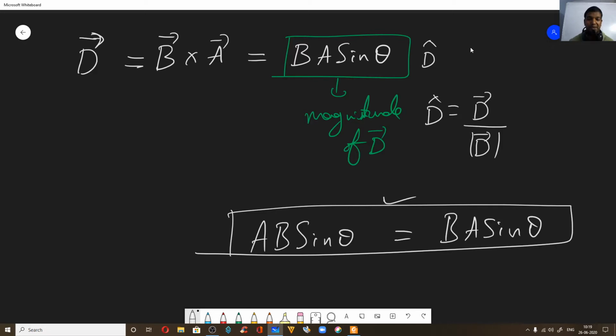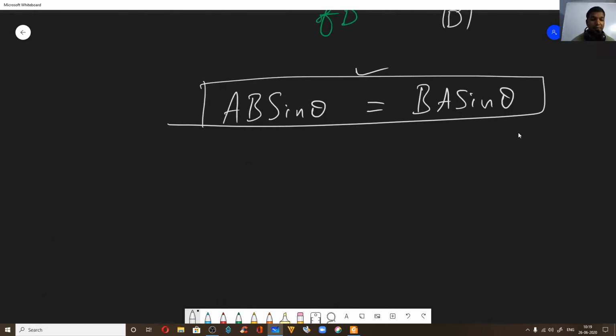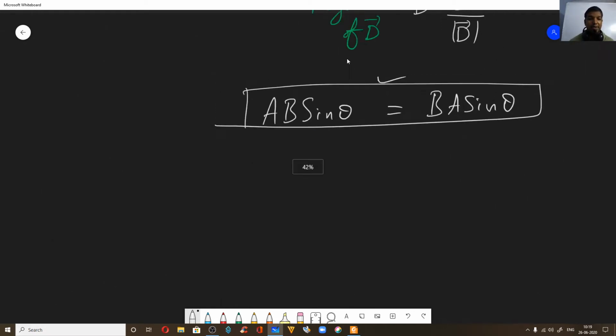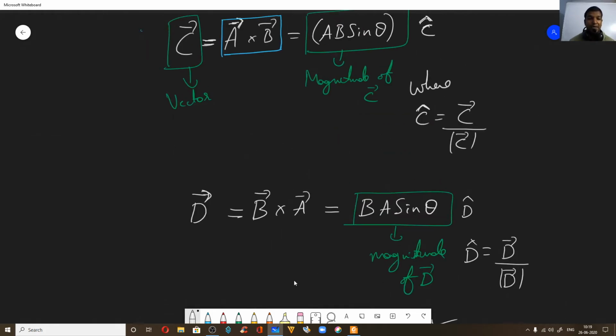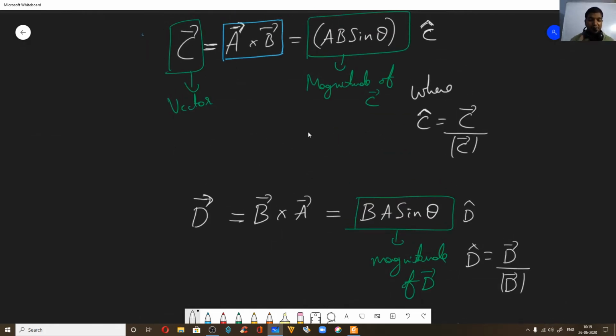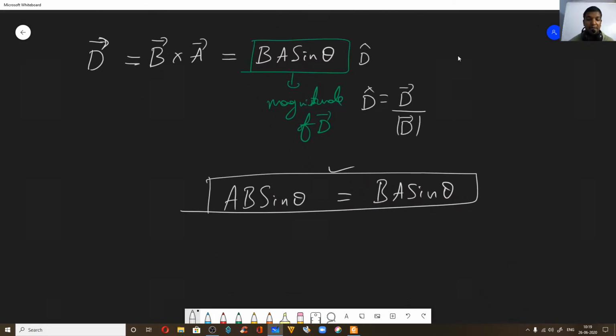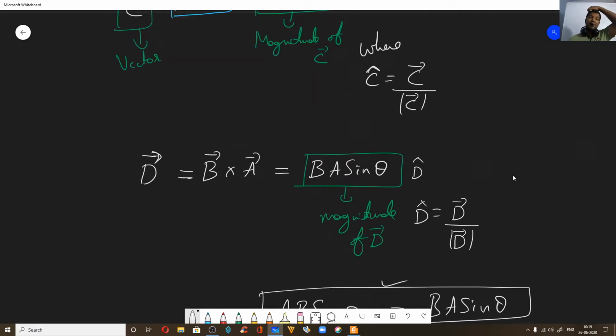A cross B, in this context I have taken as vector C, and B cross A as vector D. Clearly the magnitude of vector C is equal to the magnitude of vector D. What is the difference here then?